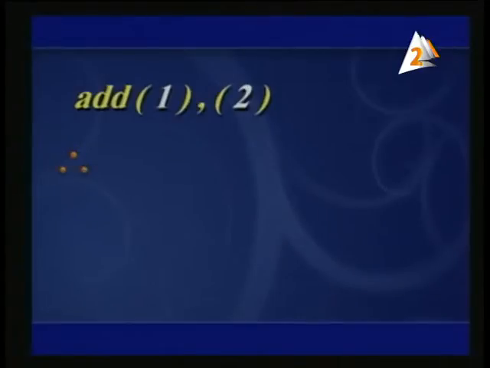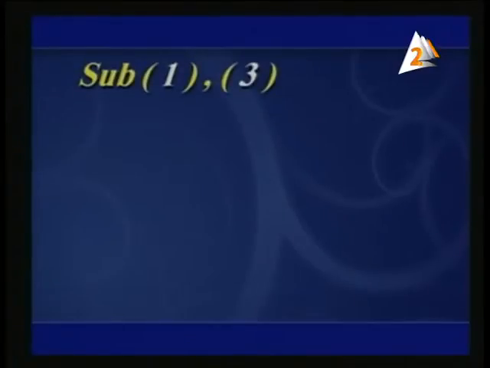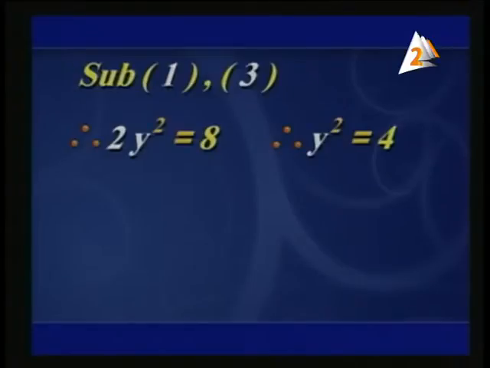By adding 1 and 3, therefore 2x squared equals 2, then x squared equals 1, therefore x equals positive or negative 1. Subtract 1 from 3, therefore 2y squared equals 8, therefore y squared equals 4, then y equals positive or negative 2.